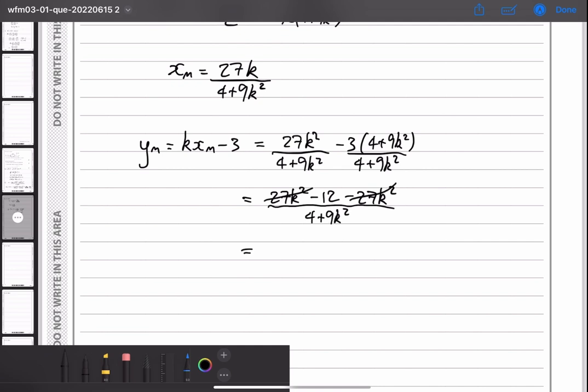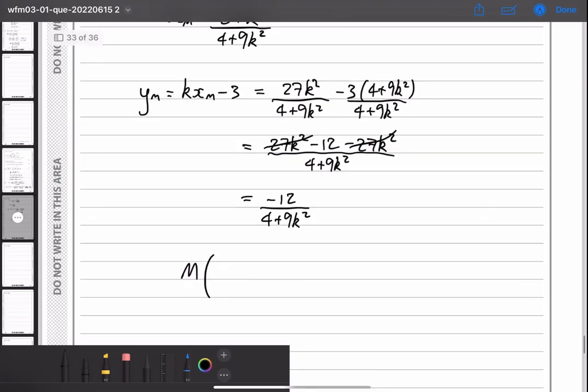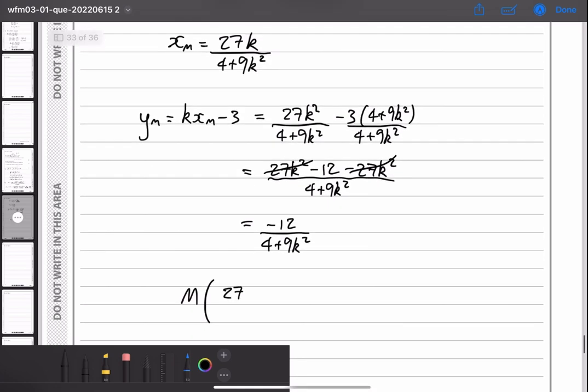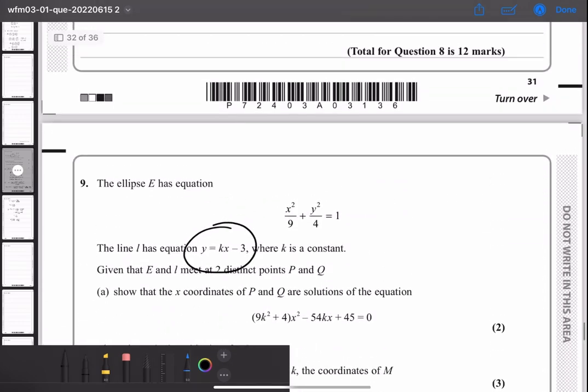That is much simpler, just to have minus 12 over 4 plus 9k squared. So the midpoint has coordinates 27k over 4 plus 9k squared, minus 12 over 4 plus 9k squared. And that is part B finished.